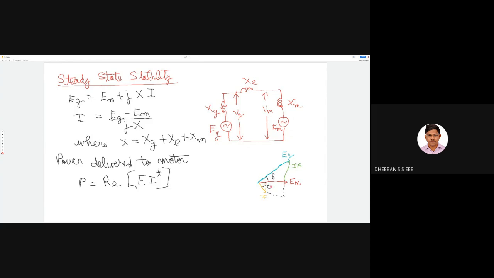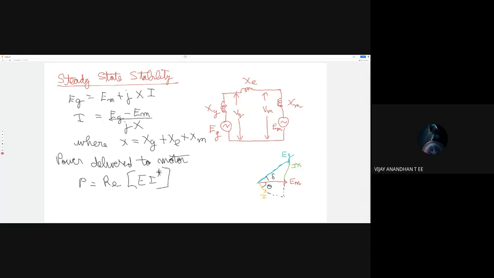So the angle between these two corresponds to your theta, whereas the angle between the excitation of your synchronous generator and the motor corresponds to this del. Based upon this del, you draw this EM. After that, you draw the excitation like this EG. If you connect these two, you get the voltage drop across the generator and motor.